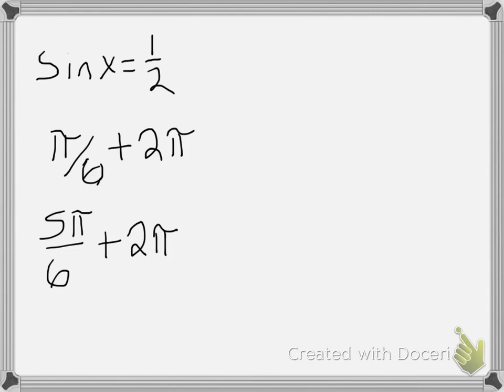So I have to put a counter in here, and that counter is going to be n. If I go around one time, then n is 1. So I have pi over 6 plus 2 pi, which gives me 13 pi over 6. If I don't go around at all, the counter is 0, so I would just have pi over 6, right?